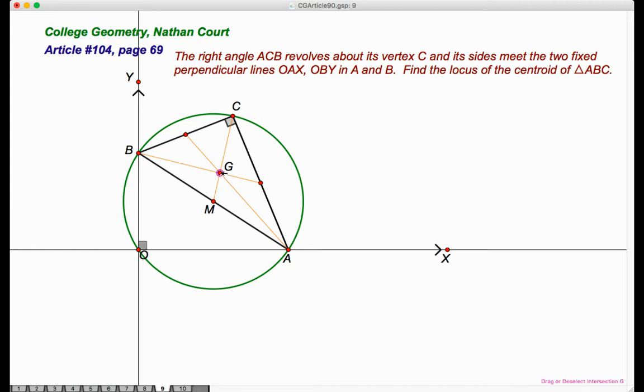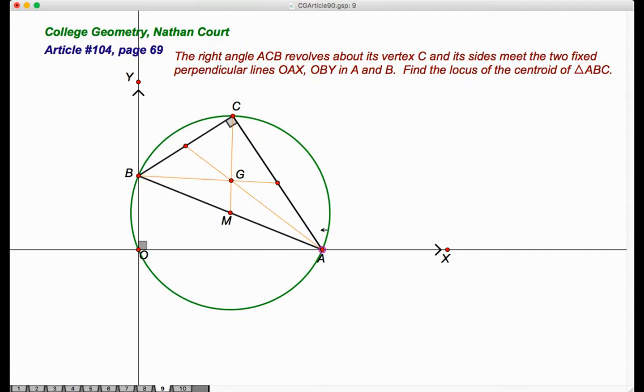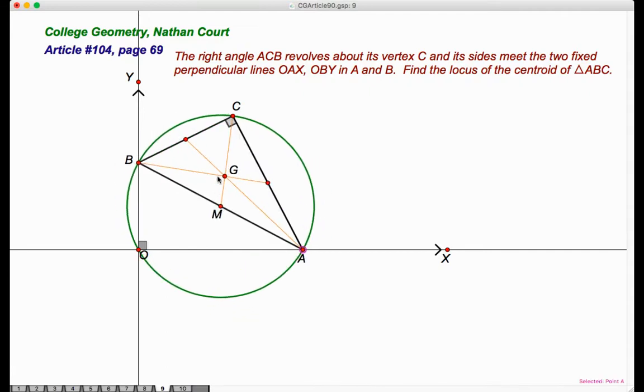If I construct the locus of G, it will be dependent on point A, as A moves along this x-axis. Let's find the locus of G. Construct the locus of G, and whoa, it seems like a straight line. It makes a straight line. Let's make it thicker.